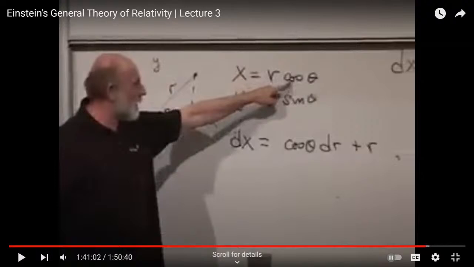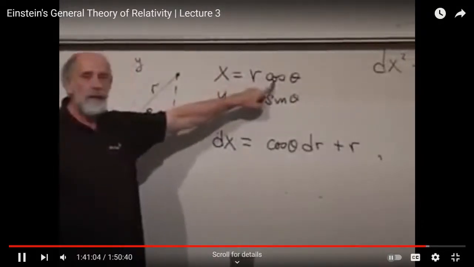How does x change when theta changes? When theta changes, it's cosine of theta, so if it's d theta, then it's cosine d theta times r.